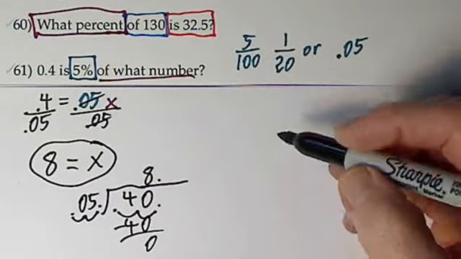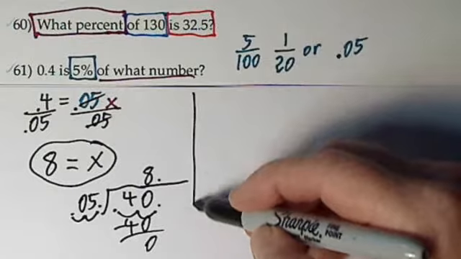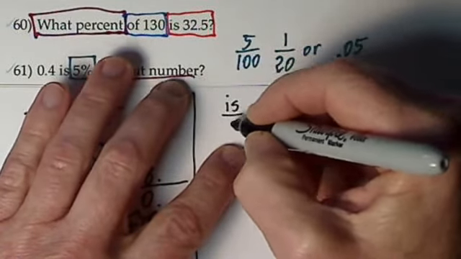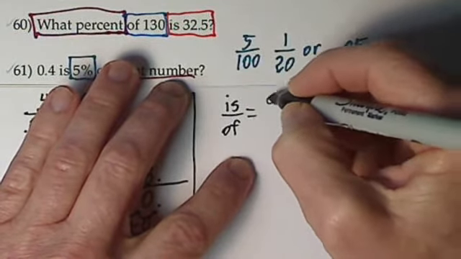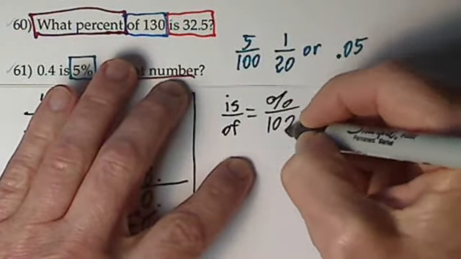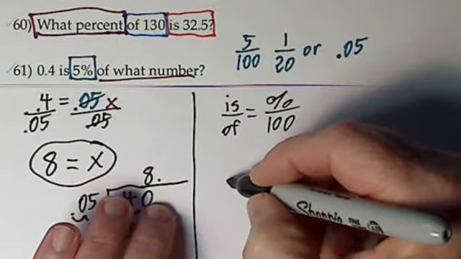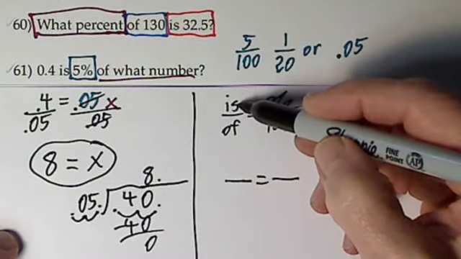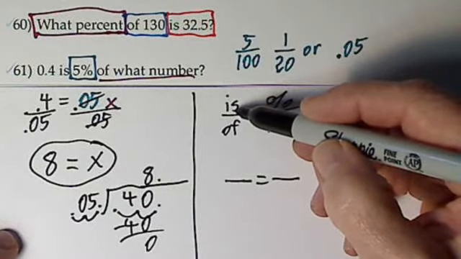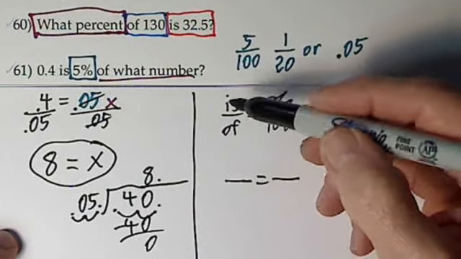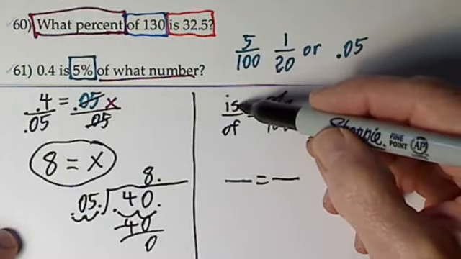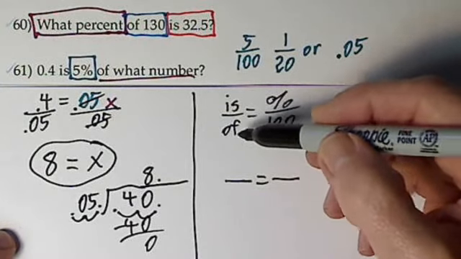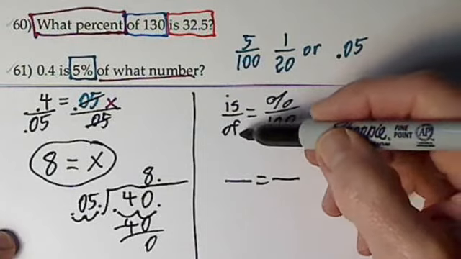All right. Now if we are to use the proportion method, and again we'll be following is over of equals percent over 100. The book uses, no, they don't use part over whole. They use base and amount.